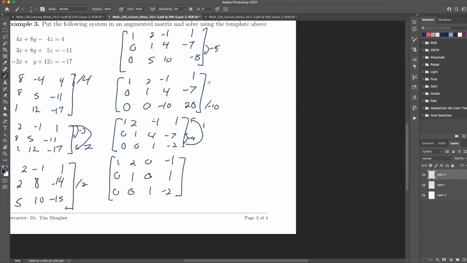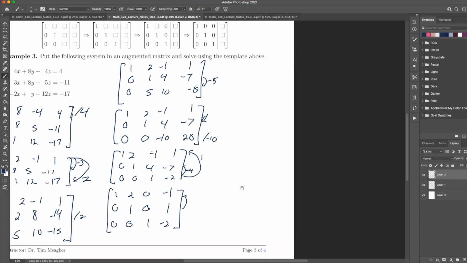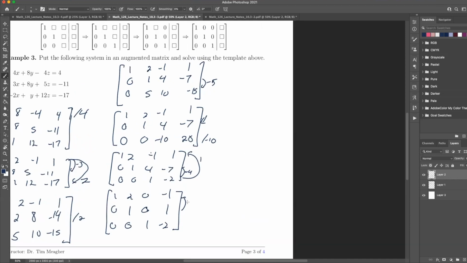Notice here, if you get to this point, you can just reverse backwards substitute. And some people like to leave and do backwards substitution. I always like to carry it to the end. All right, so the last thing we need to do is get a 0 here. It's our last step. So we'll just do -2 of this.